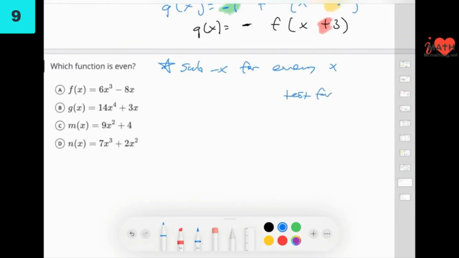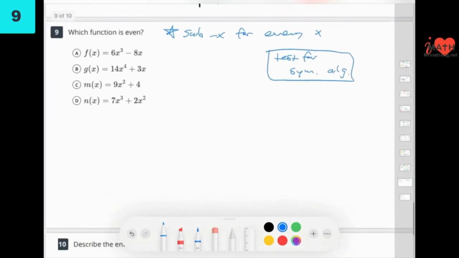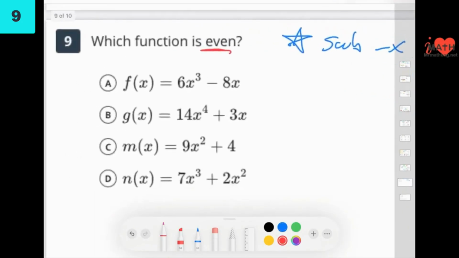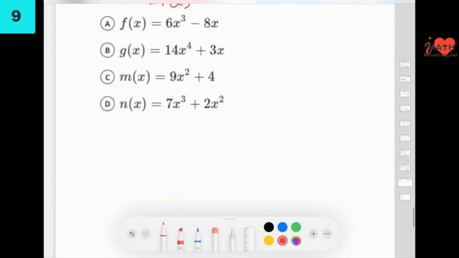Test for symmetry algebraically, okay? And it wants to know what an even is. So an even basically says that you get the original function, okay?